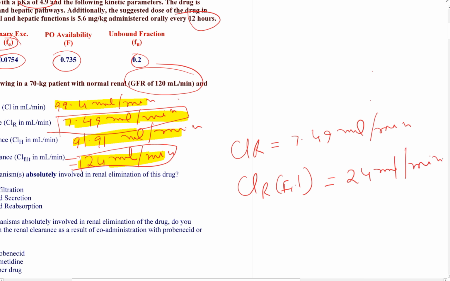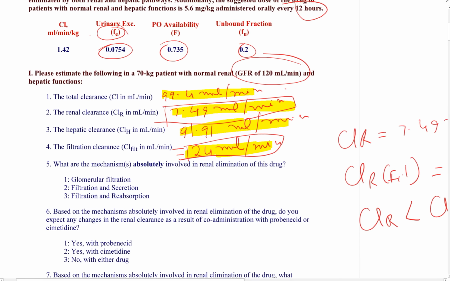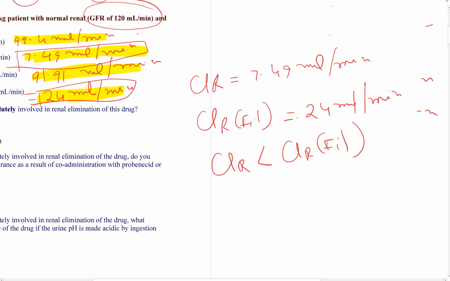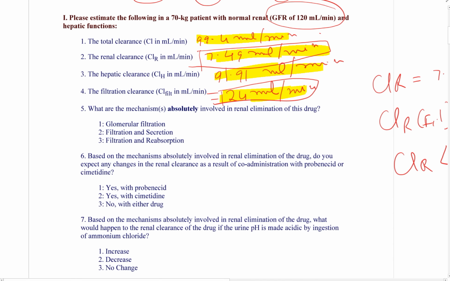So CLR is less than CLR filtration. That means the drug was filtered by glomerular filtration and then it decreased. In case of a decrease, there must be tubular reabsorption.